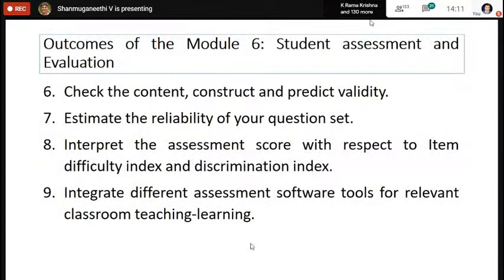Then in the sixth unit, checking the validity: what I wanted to measure, what I intend to assess, that is very much important. Whether a third year student or a fourth year student, I want to assess the mathematical ability, or their understanding of a particular concept or a circuit diagram.